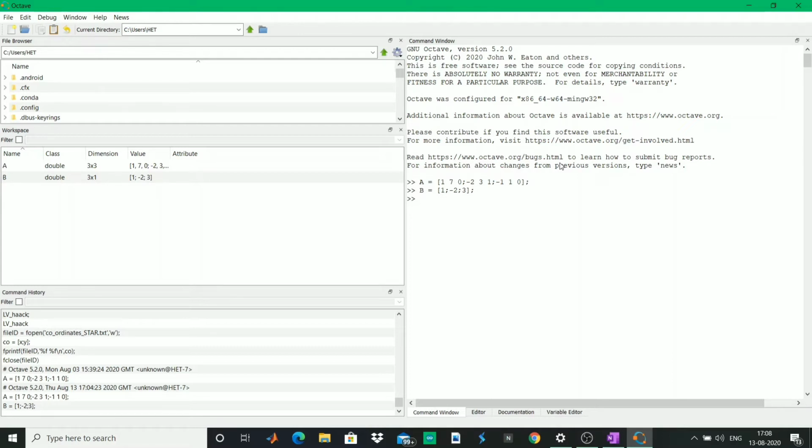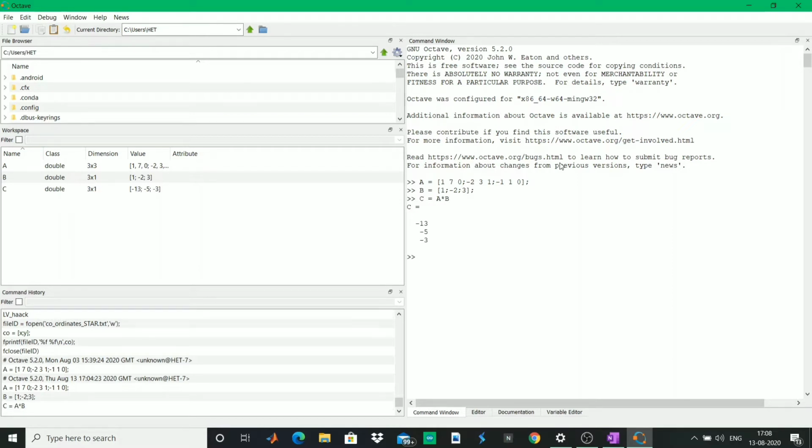So you see that matrix A has 3 columns and matrix B has 3 rows. Our third rule is fulfilled, and with C = A * B, pressing enter, you would see that a matrix of 3 by 1 dimension is formed and it is named C.